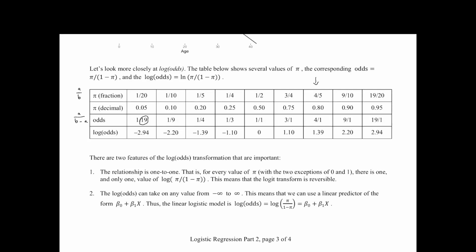Now the bottom row is just as it says, the log odds. So you're taking the natural log of each of those values in the odds row. And of course you remember from your previous schooling that the natural log of a value between 0 and 1 is negative, right? The natural log of 1 is 0.